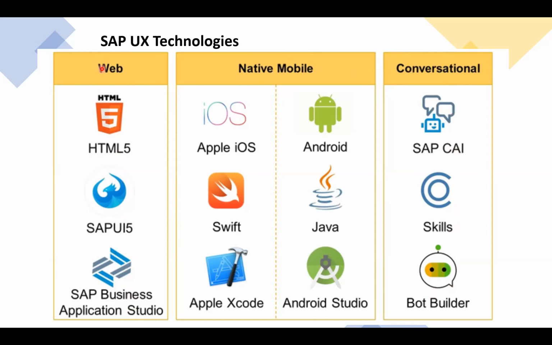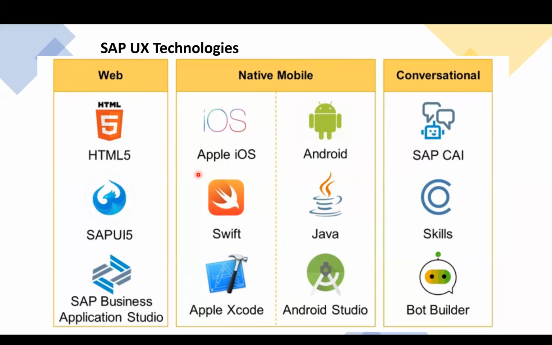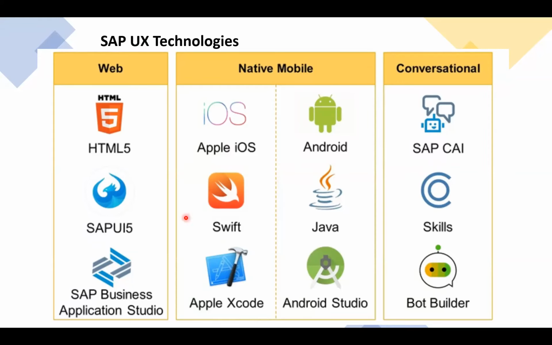Whatever kind of application the customer needs, they can go ahead and build their own application in their BTP environment using these technologies. We just need to choose what kind of application the customer intends to build. That is the only thing the customer needs to do.